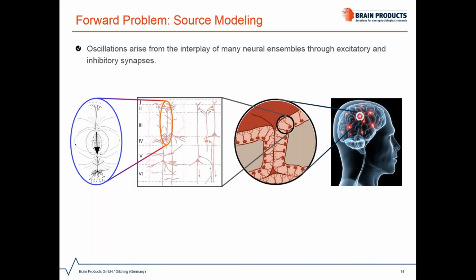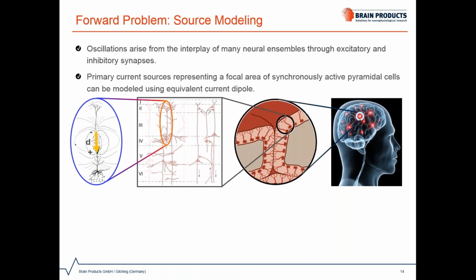These electrical signals transmitted along a dendrite create charge which acts as a battery, known as primary currents, with a positive polarity where the current is leaving and a negative polarity where the current is returning. This separation of charges is similar to a dipole. So sources representing synchronously active pyramidal cells can be modeled using an equivalent current dipole.